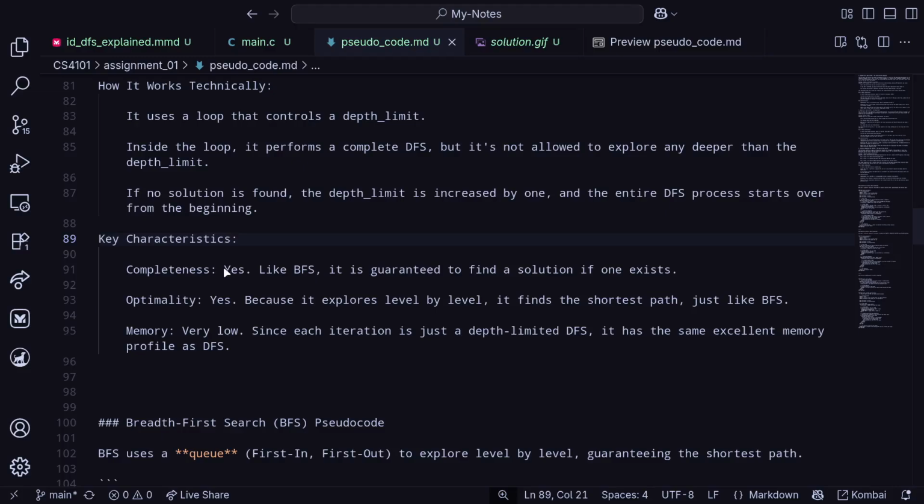Now the point is that yes, it is complete just like BFS, and optimal. It is actually very much optimal because it explores level by level and it finds the shortest path just like the BFS. The point is that it is actually low in memory, not very low, I should say, but quite low in memory, since each iteration is a depth limited DFS and it has an excellent memory profile, just like DFS.